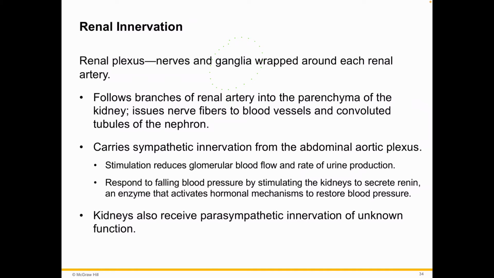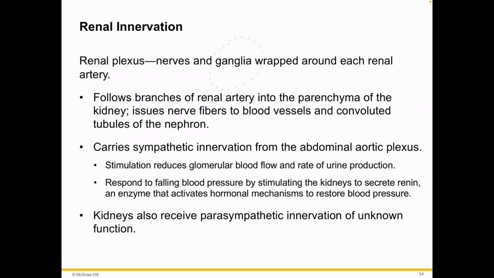Anyway, the sympathetic innervation is coming from the abdominal aortic plexus. These are going to be stimulations that reduce glomerular blood flow, meaning that we're going to kind of cease urine production. We're going to hold back especially water in the body.